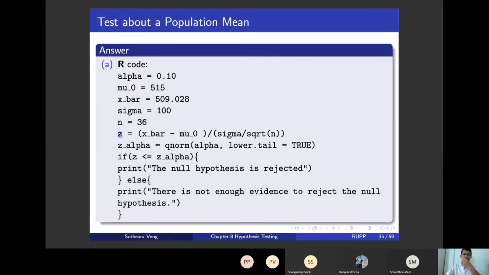Then this is the formula for the test value, I'm sorry, not critical, the test value, and then this is the critical value C alpha, right? C alpha.